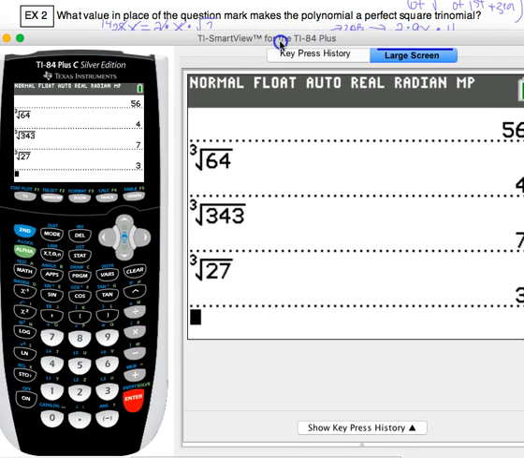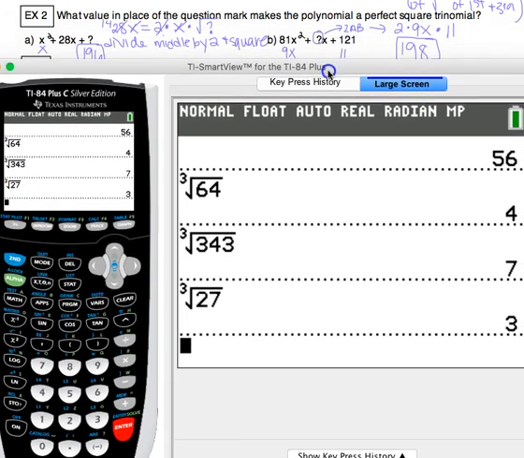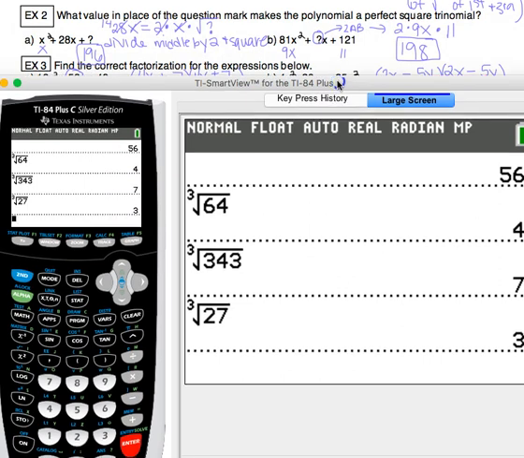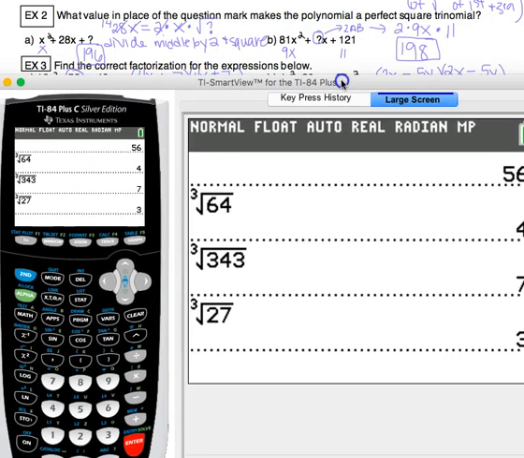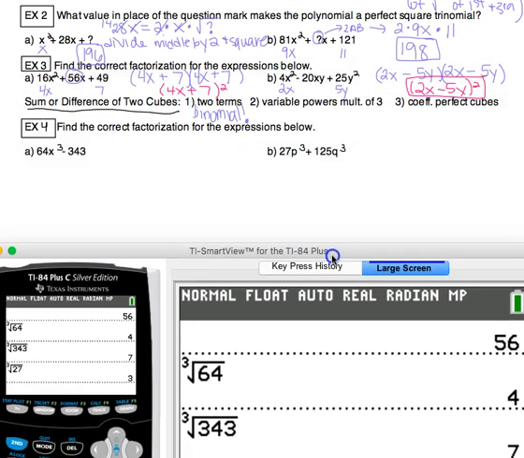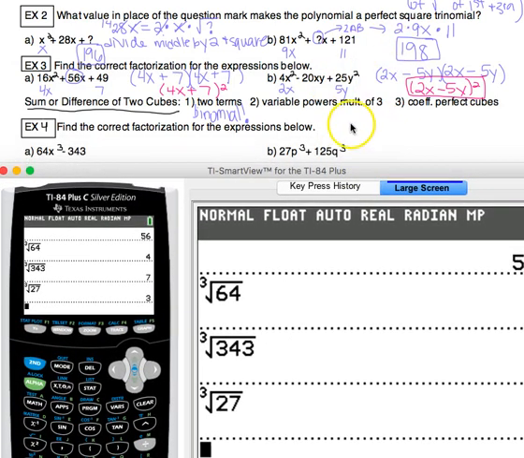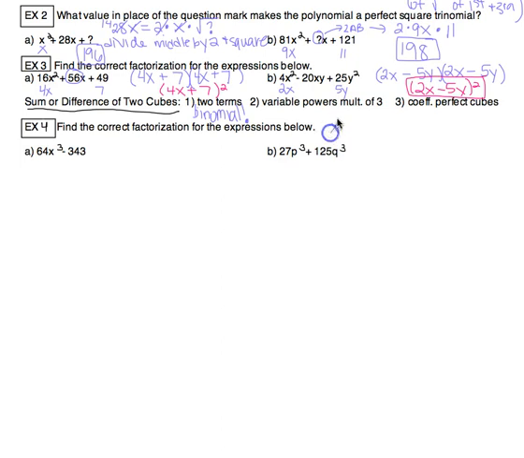All right, so we've checked 3 of these numbers and all gotten them to come out as whole numbers, which means they are perfect cubes. If they don't, then that means it can't be a sum or difference of cubes. And if it doesn't factor another way, so let's say that you had x cubed minus 17.